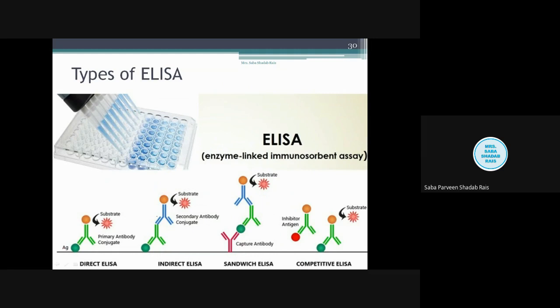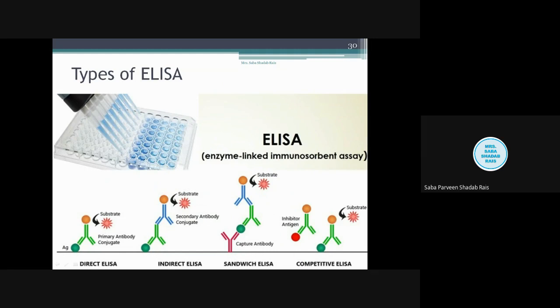Now indirect ELISA. In that, see why there is a need for indirect ELISA. Sometimes what happens is that these antigens are coated on the multi-well plate and detected in a very small amount. See, this is the ELISA plate and this is a micropipette.